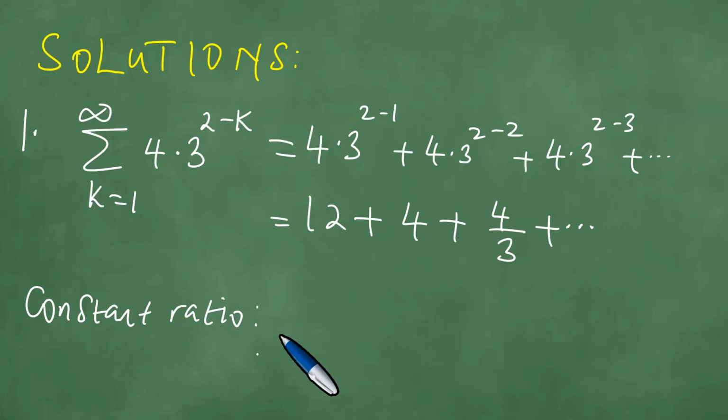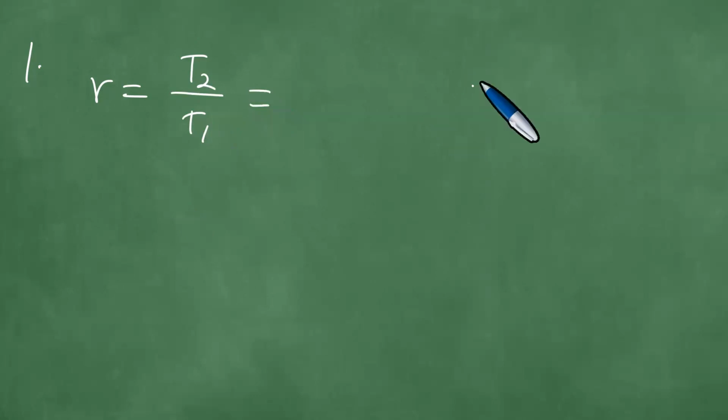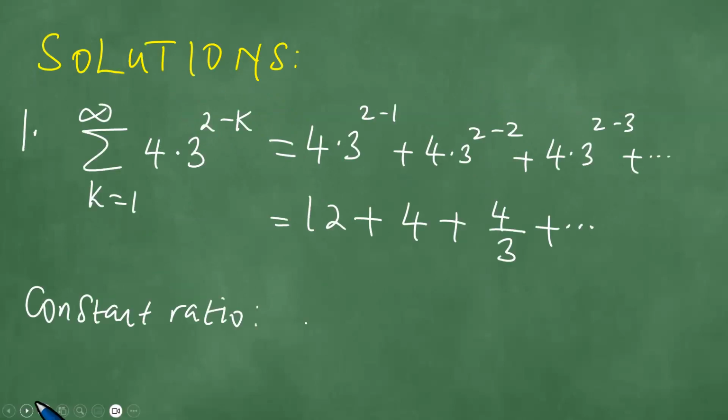Right, what is the constant ratio? Right, in number 1, the constant ratio means the second term over the first term. But also the constant ratio is the third term over the second term, like this. Okay, so what is the second term?